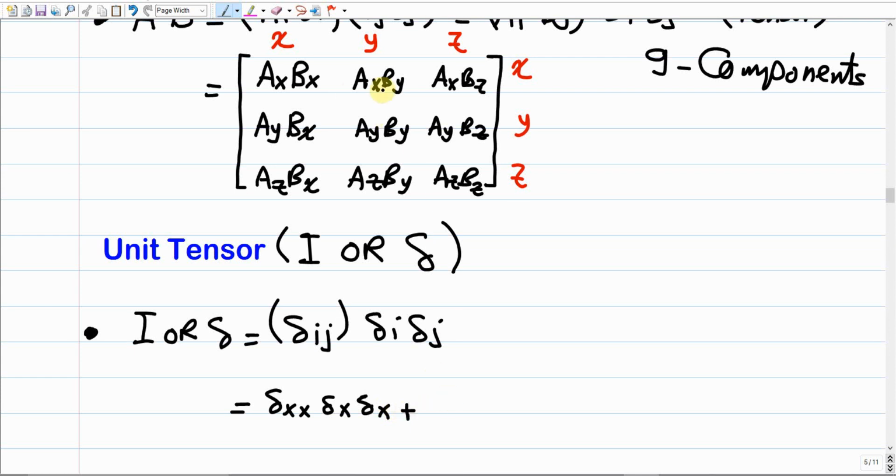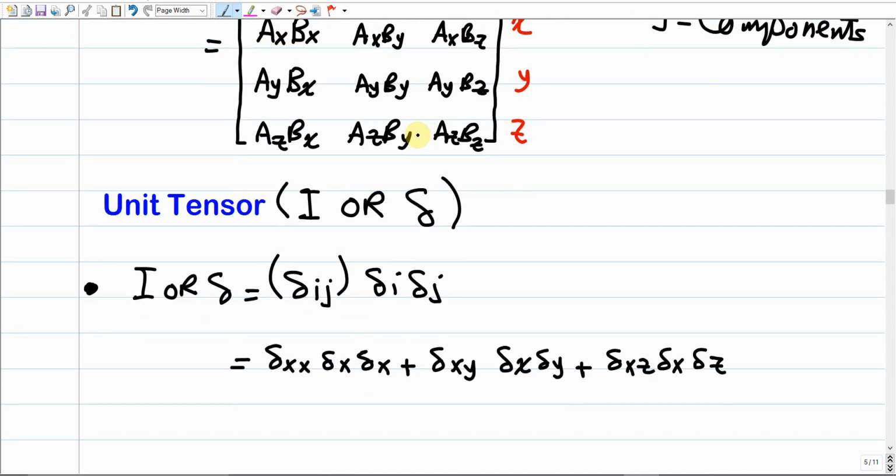Plus, if we follow the tensor there, we move to the second component, which should be the xy. So we have delta xy, where the row is x but the column is y, plus delta xz, where the row is x but the column is z. So these three terms represent the first row in this tensor.